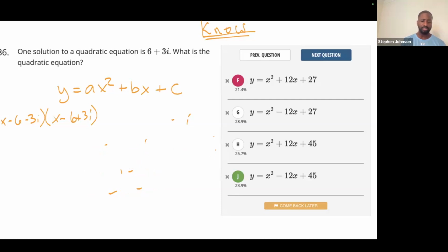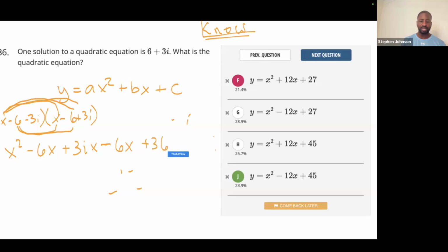So x times x is x squared. X times negative 6 is minus 6x. X times positive 3i is plus 3ix. And then negative 6 times x is minus 6x. And negative 6 times negative 6 is plus 36.